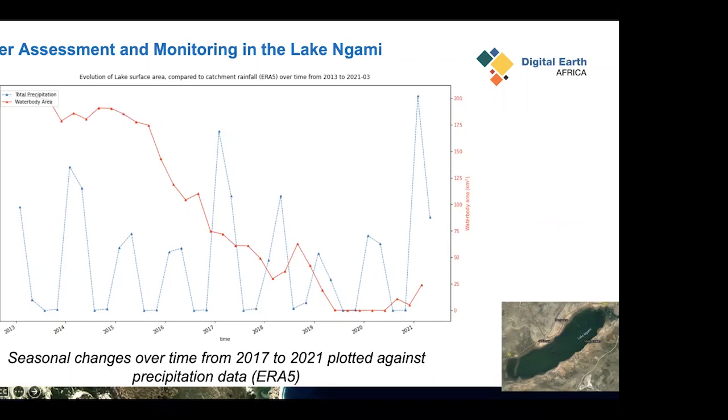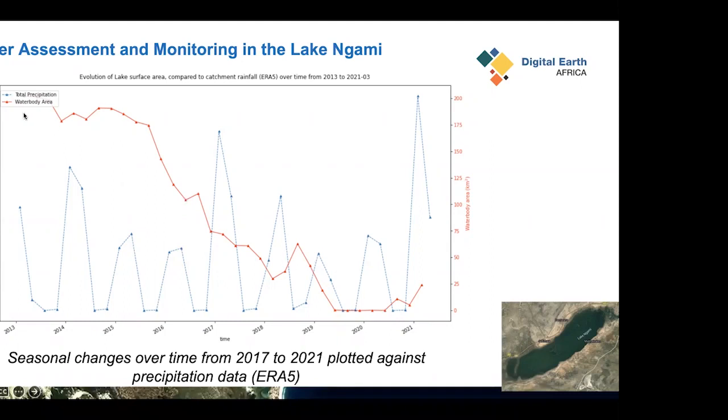So what you see here is the total precipitation on the left and the water body area on the right. The blue color is the total precipitation, that's the rainfall they experienced throughout the years from 2013 to 2021. And the red color is the size of the water body over those years.